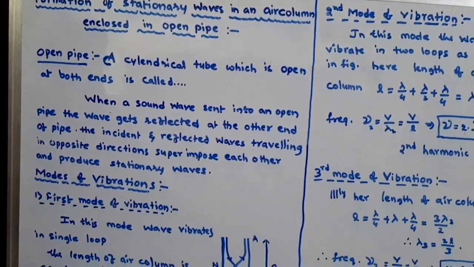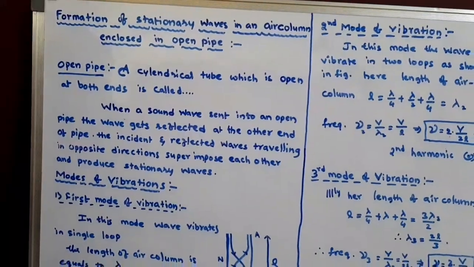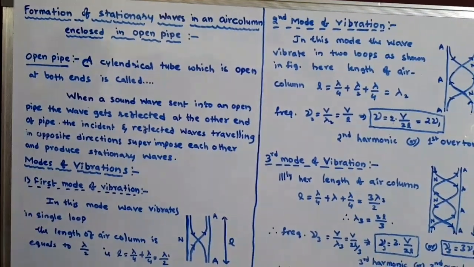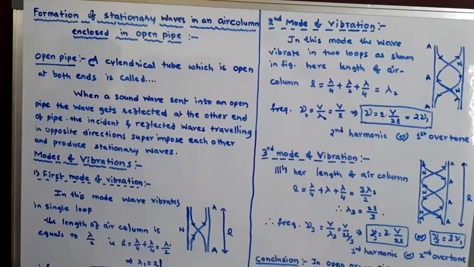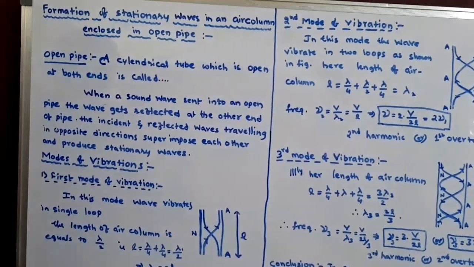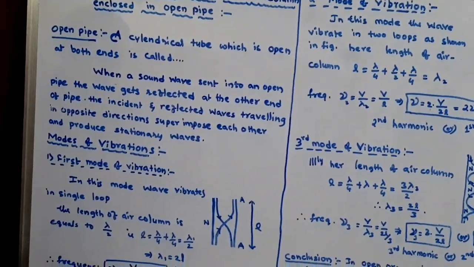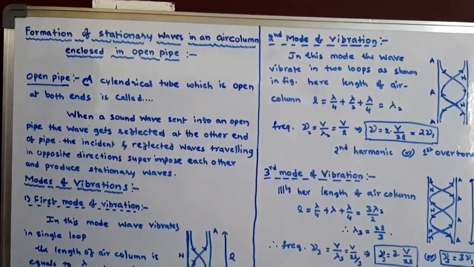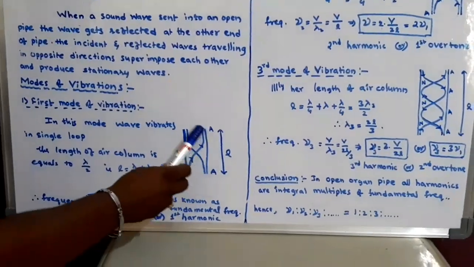Before going to this concept, I wish to tell you what an organ pipe is. An organ pipe is a cylindrical tube of uniform cross section in which a gas or air is trapped as the medium. Like you can see here, there is a tube.